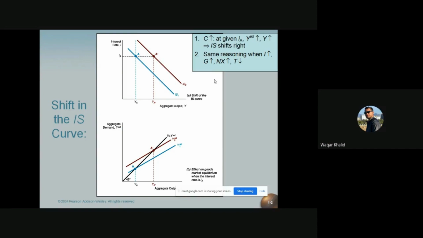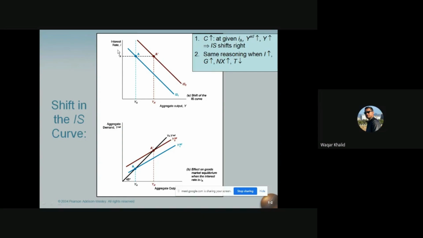Now, I am going to talk about the fifth and final factor, which is known as changes in net exports unrelated to the interest rate. We say unrelated to the interest rate because they have no relationship with the interest rate. Therefore, the level of interest rate is constant. You can see from here, in each case, the interest rate remains constant.